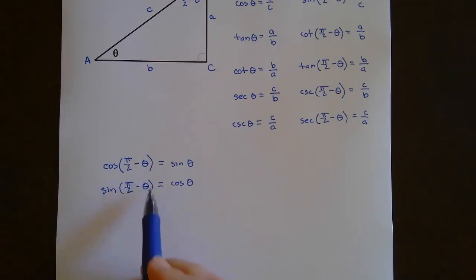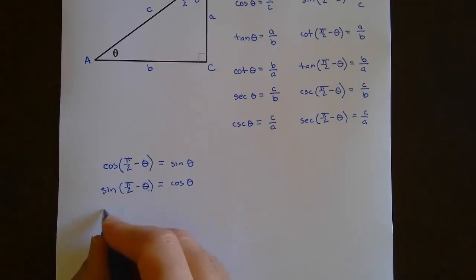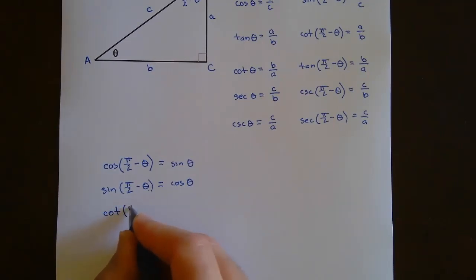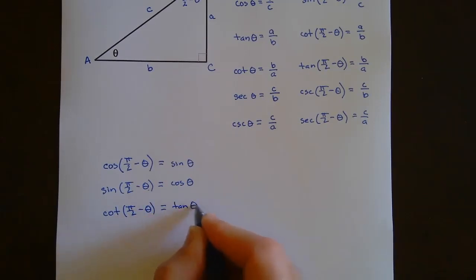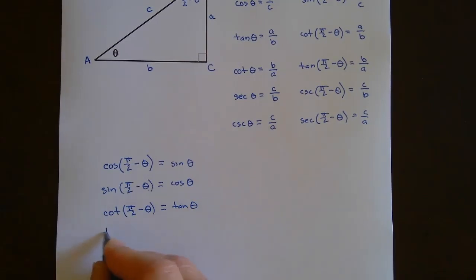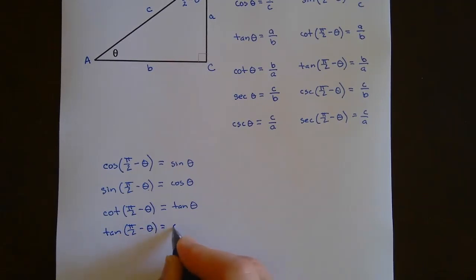So what if we have cotangent of pi over 2 minus theta? That can be replaced with tangent of the angle theta. If we have tangent of pi over 2 minus theta, that could be replaced with cotangent theta.